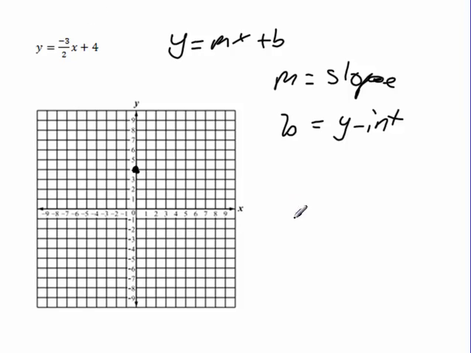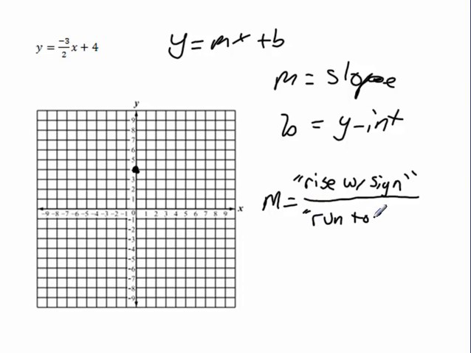So we're going to go ahead and put our point right here along the y-axis at 4, and now we can count the slope. So the jingle I like to use is rise with the sign, and then we, in general, will run to the right.